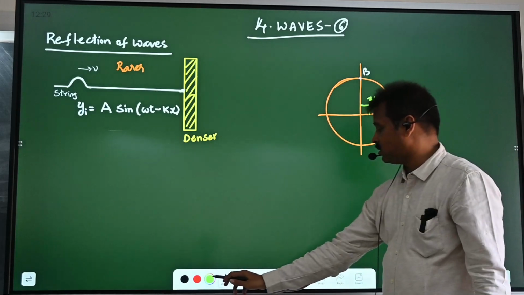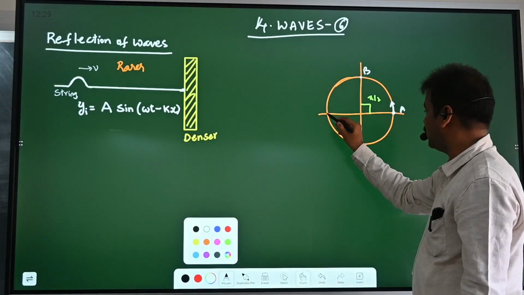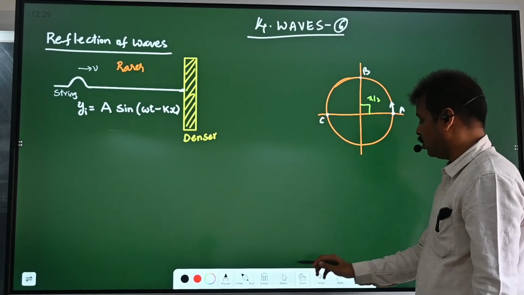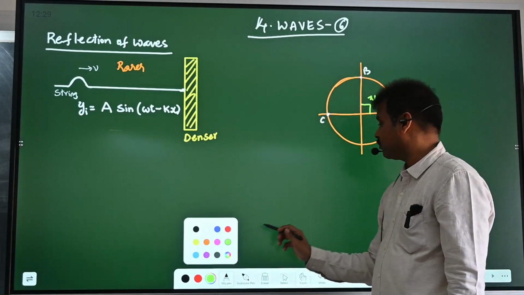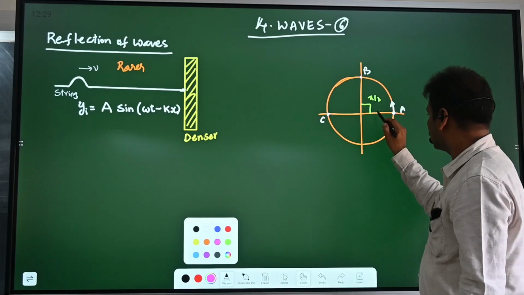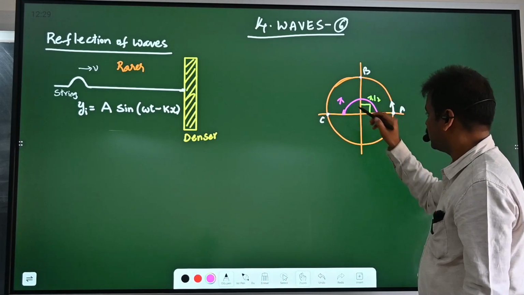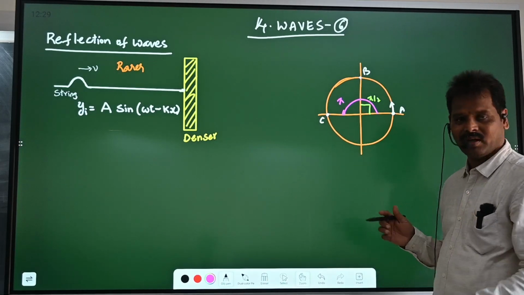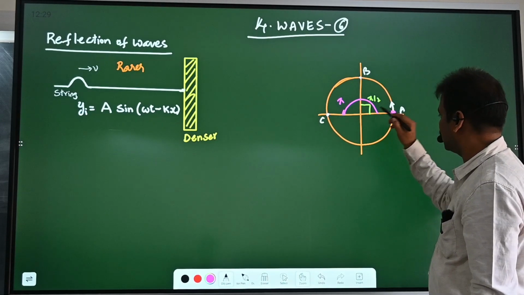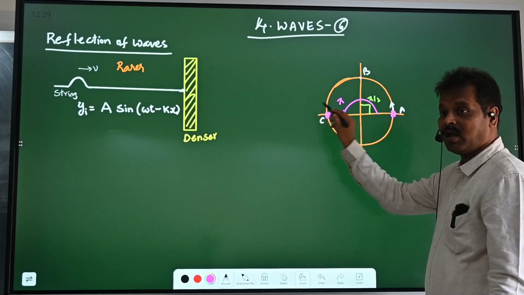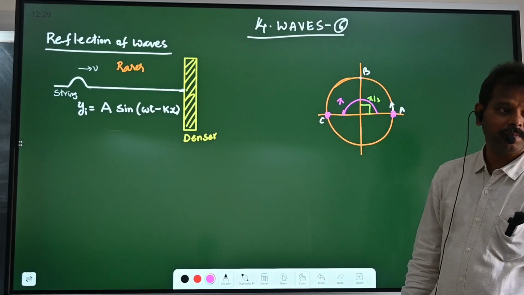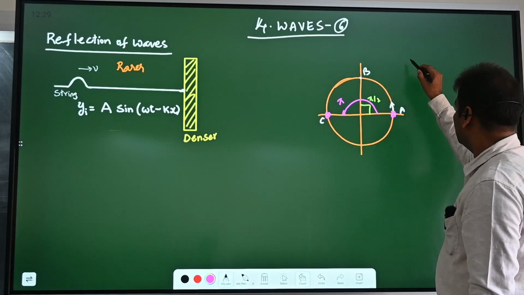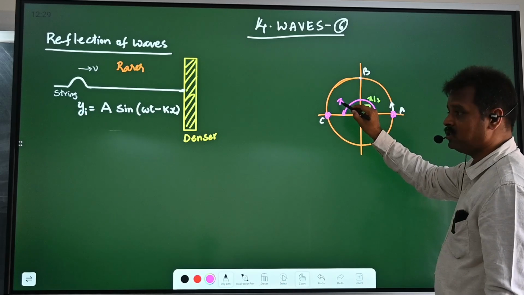When the particle reaches exactly the opposite point, what is the total angle described? So can I say that this is pi? What is meant by pi? Previously the particle was here, now the particle is at the exactly opposite point. So here the total phase change is pi.